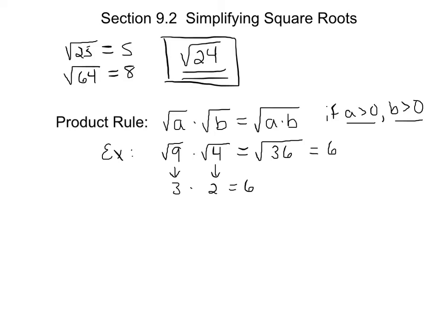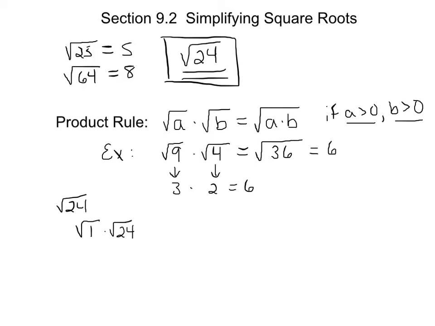So let's take a look at the square root of 24 and see what ways we could write this using the product rule. So let's factor the square root of 24. I could say it's the square root of 1 times the square root of 24.